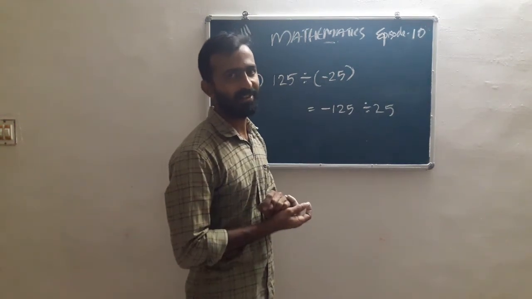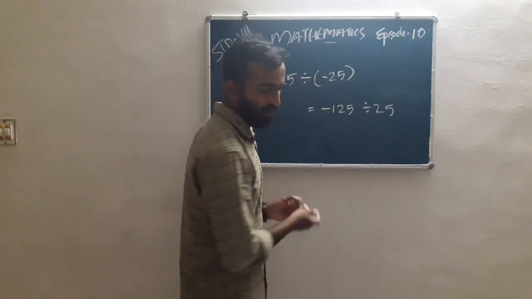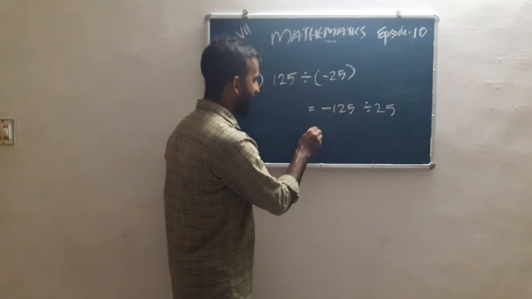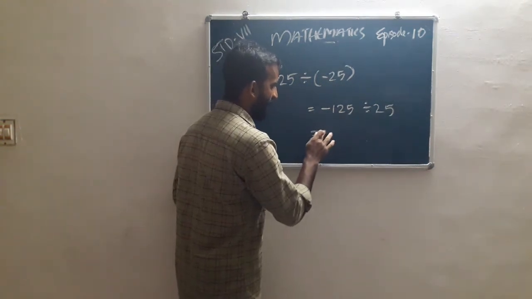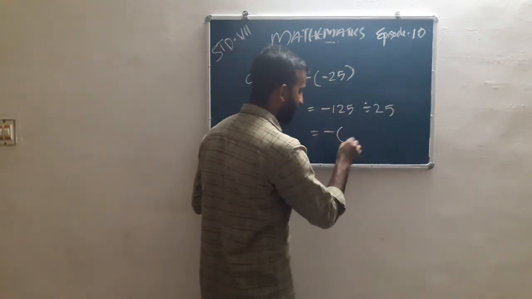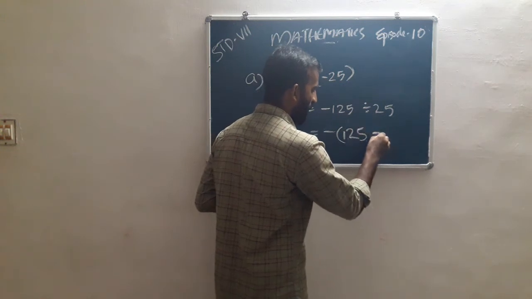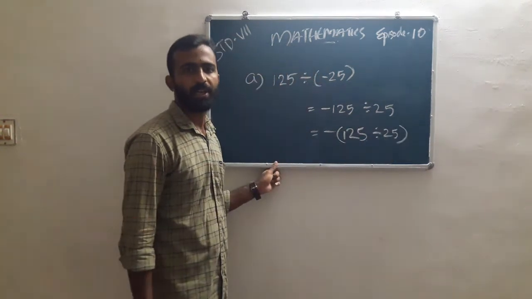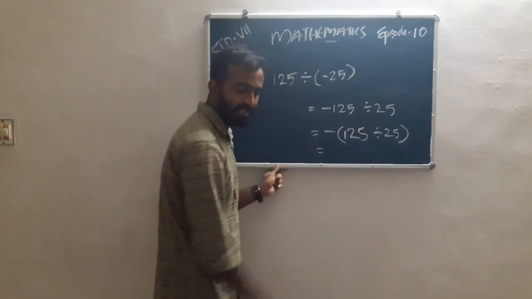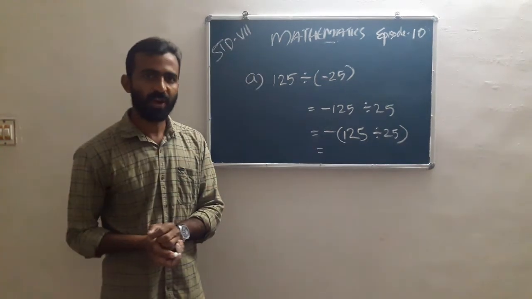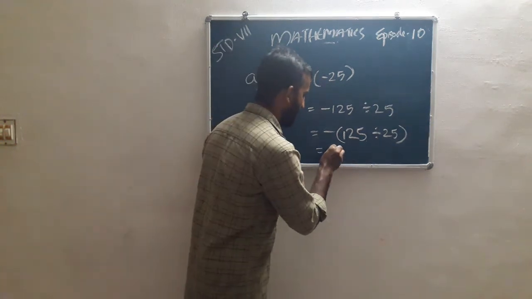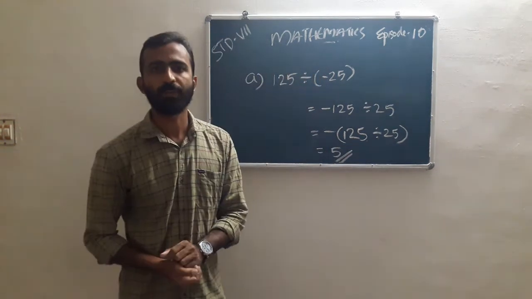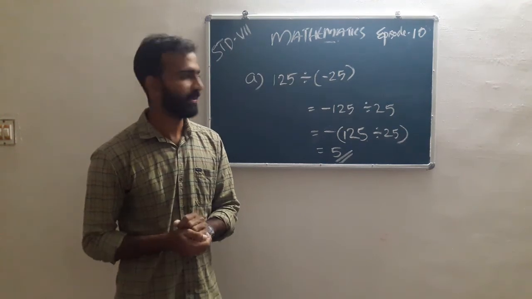That is our first property. So we can take the negative as common. What is the answer? The answer is negative 5. Any doubt?